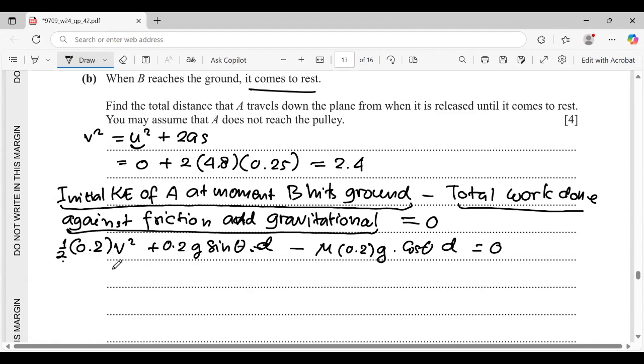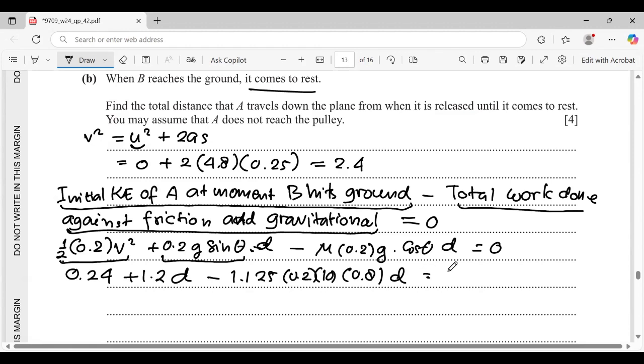And from this part, it is 0.24, which we already calculated from v squared, plus 1.2 d, minus mu, which is 1.125, times 0.2 times 10 times 0.8 d, equals 0.